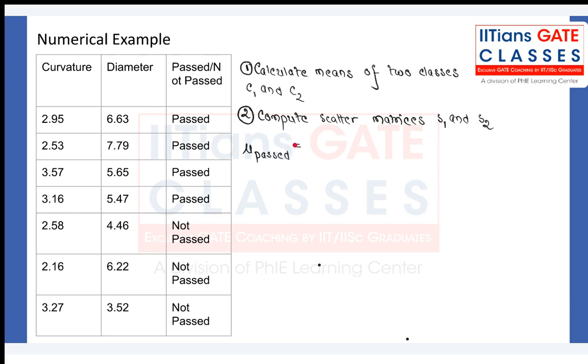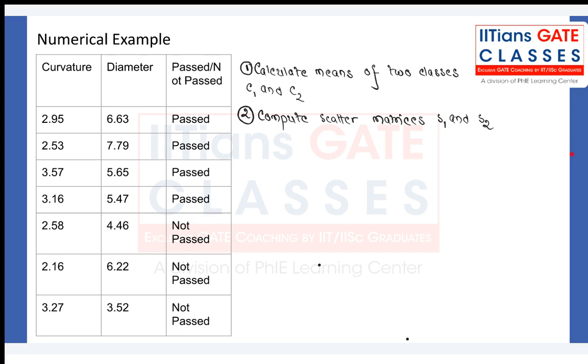So again, for the first step, you may try to calculate the mean for the passed class. You will calculate for both curvature and diameter.